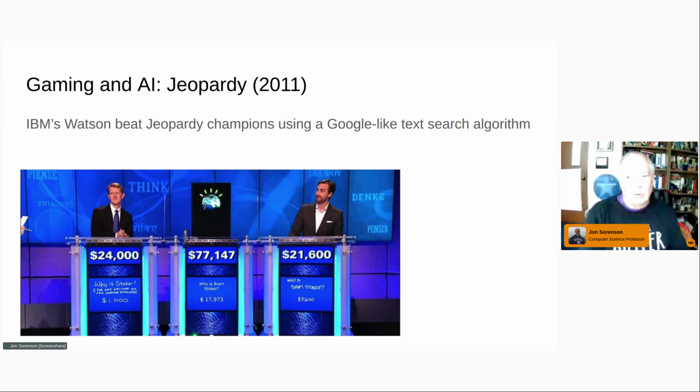But Watson trounced them, as you can see by the scores here. It used a more Google-like text search algorithm to look for answers to questions, and it had racks of machines, probably dozens of racks of machines, to achieve this level of competition.